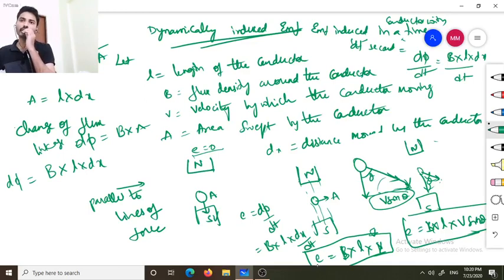The component perpendicular to the field lines is the vertical component. The vertical component of velocity is v sin theta. So I substitute v sin theta in place of the velocity, and you'll get the expression E is equal to BLv sin theta. This is the dynamically induced EMF derivation.